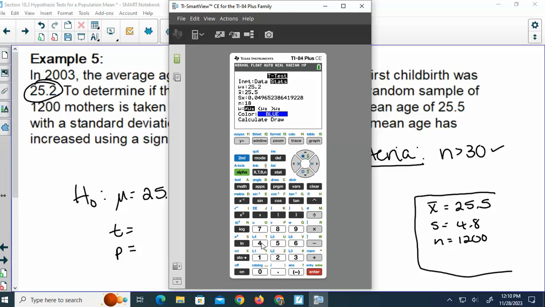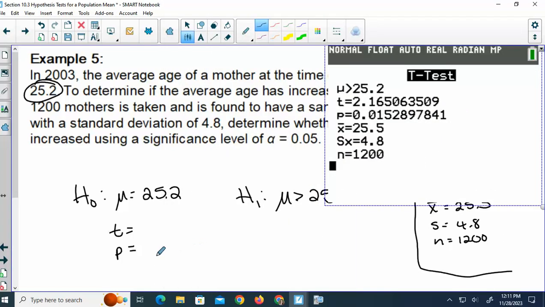Standard deviation, 4.8. My N is 1200. We are testing greater than. So calculate. So my T is 2.165. Probability 0.015.